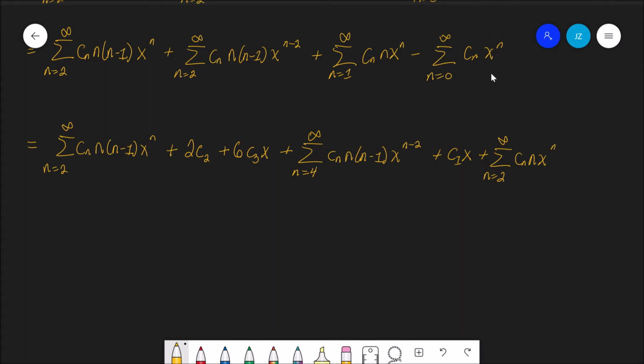And we need to pull out 2 terms from here. So the n equals 0 term will be just c sub 0, then c sub 1x, and then the summation starting at 2 to infinity of c sub n x to the n.